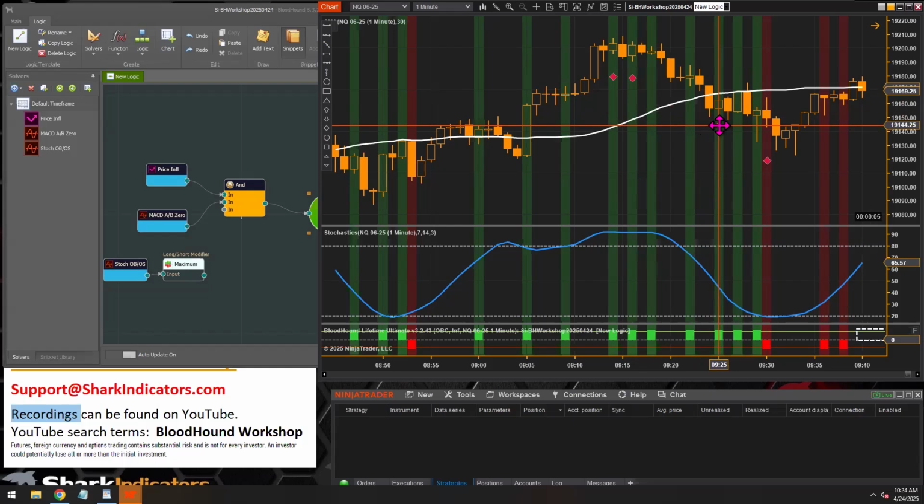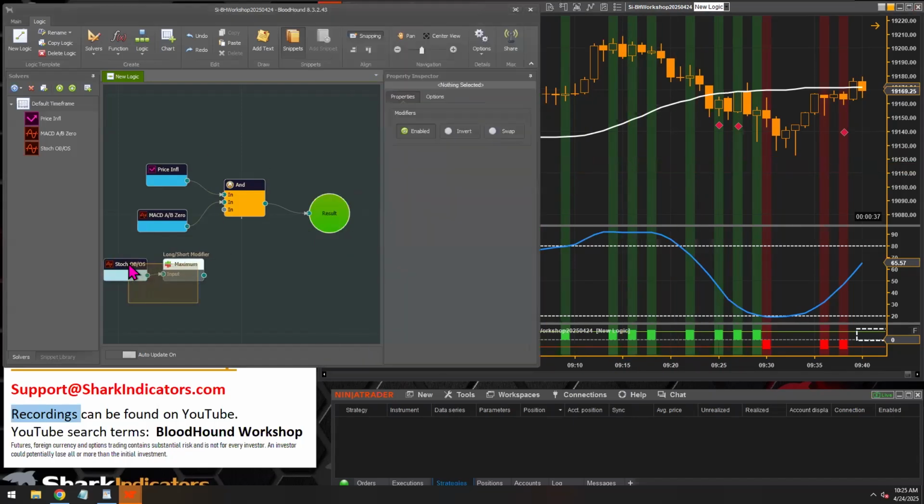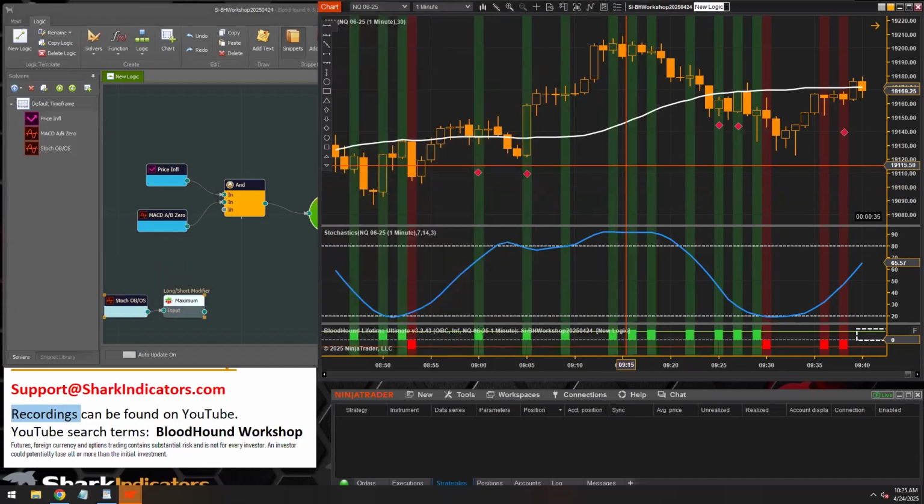So let's see here. It ends up removing a bunch of these signals here. There, something like that. So we need to identify first when price is touching some moving average, and or when price is near a moving average.